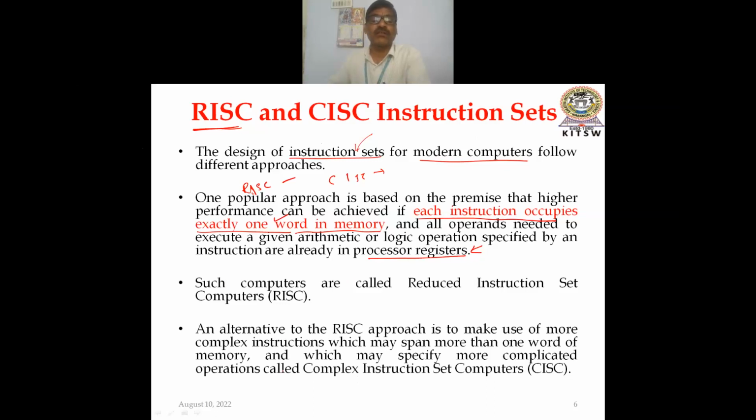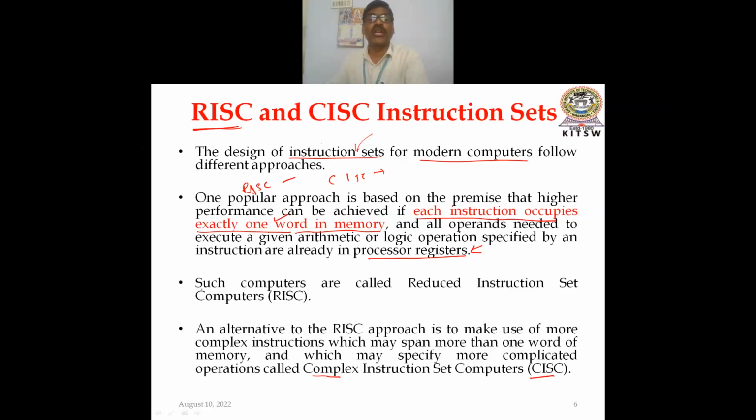Such an instruction we call a CISC instruction, complex instruction set computers. So these are the two important types of instruction sets modern computers can follow. I hope you understood the difference between RISC and CISC.